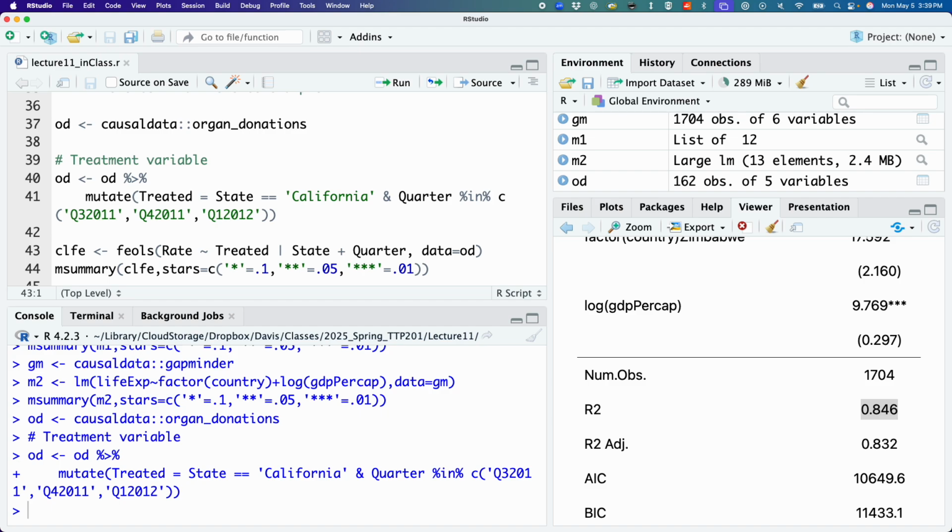The way you write it out is you have your treatment in front, and then in the fixed effects, this vertical line separates your explanatory variables from the fixed effect groups, which are state and quarter.